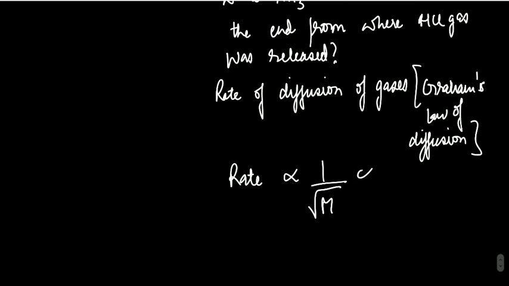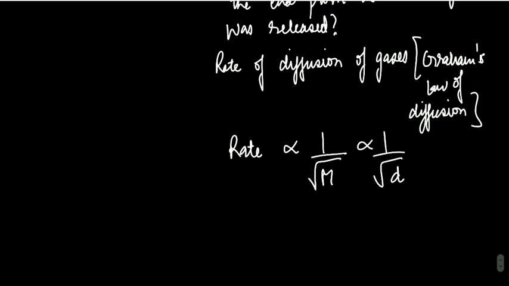It can also be inversely proportional to the square root of its density, because mass and density are directly proportional to each other. Density is equal to mass per unit volume, so density is directly proportional to mass, and inversely proportional to volume. I'm not going in depth into Graham's law of diffusion, but this is a very important question: if there are two gases, which one diffuses faster is very much dependent upon its mass.